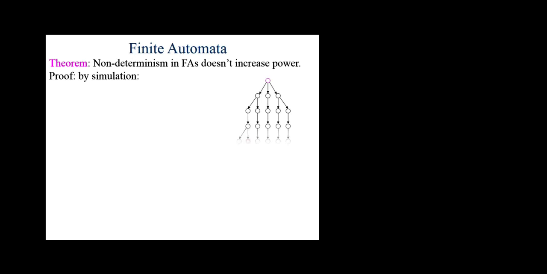Okay, so here is how it would work. Let's say this is your non-deterministic tree, the computation tree of some machine on some input. We don't care which machine and which input. Let's just say the tree looks like this. Now, some of these states are final and others are non-final and so on. And by the way, some of these states could be copies of previous states. So this state here could be the same as that state there.